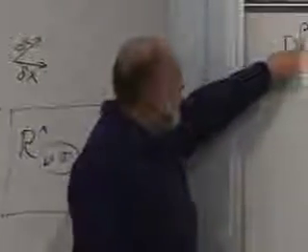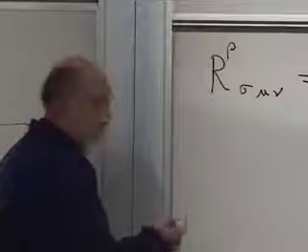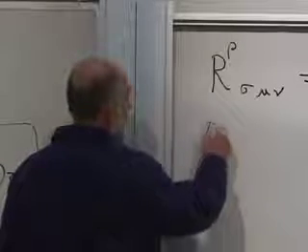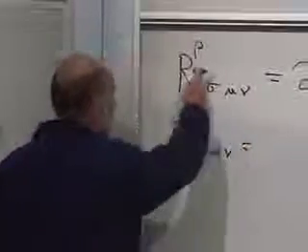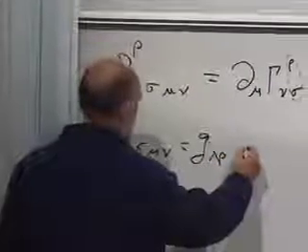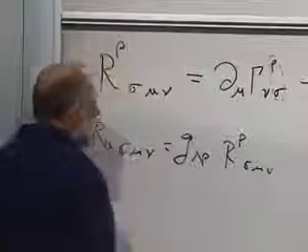To see the symmetries best, it's best to lower this index. I can lower this index the usual way. Supposing I wanted to define R lambda sigma mu nu, I just multiply by g lambda rho times R rho sigma mu nu.